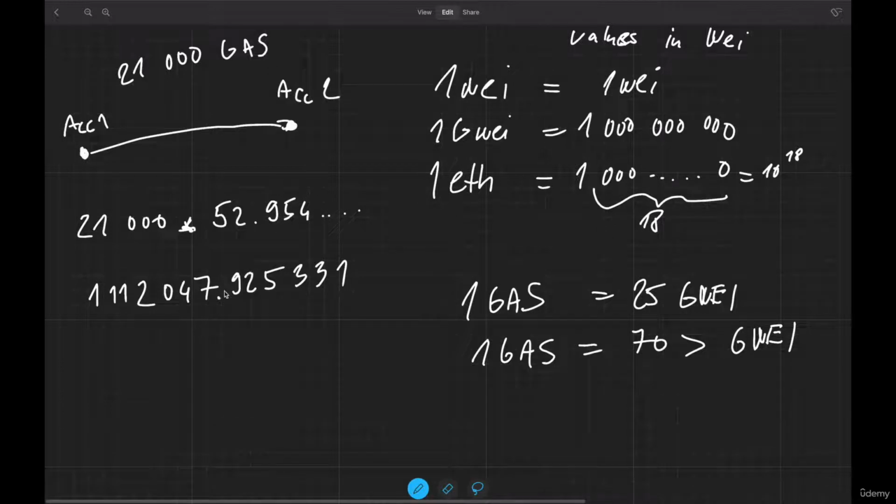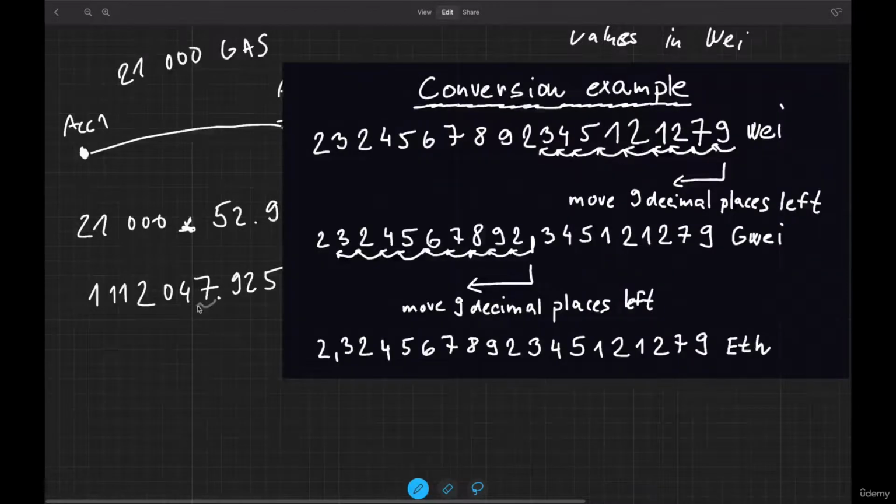I need to go nine spaces to the left side, because one ETH is 10 to the ninth of a Gwei. So 1, 2, 3, 4, 5, 6, 7, 8, 9.